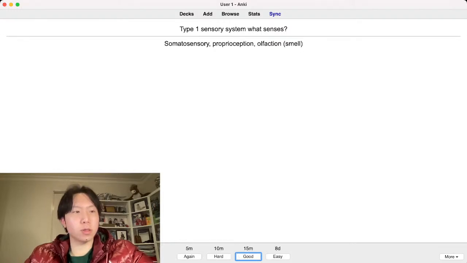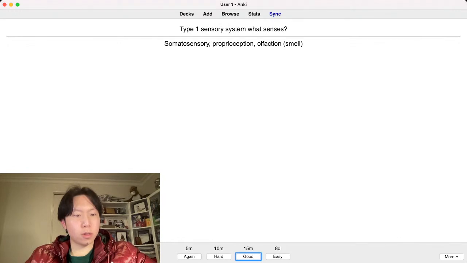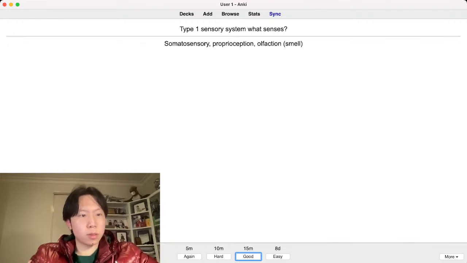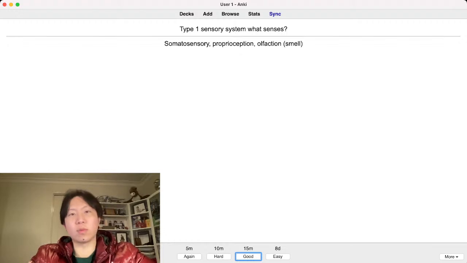What's somatosensory? I've forgotten. Oh, is it in the body? Oh, it's from inside the body.